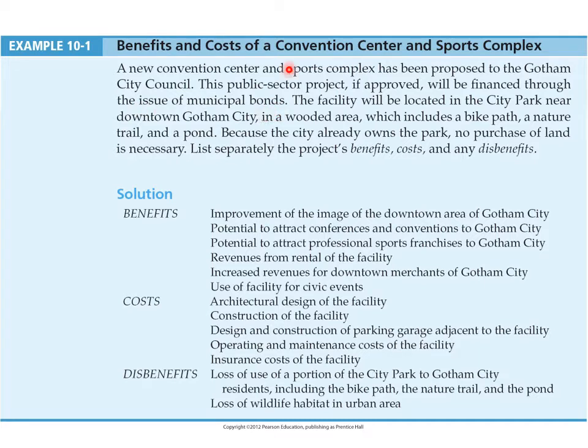So the city will have some bonds to collect money from people. The facility will be located in the city park near downtown. It's a wooded area. There is a bike path, a nature trail, and a pond inside this park. Because the city already owns the park, no purchase of land is necessary.